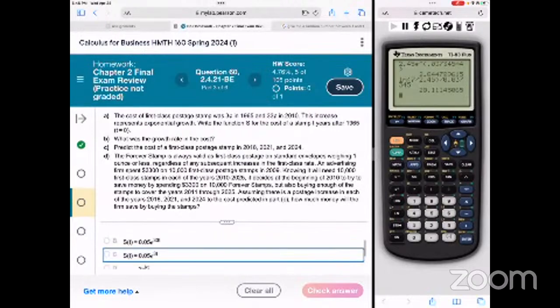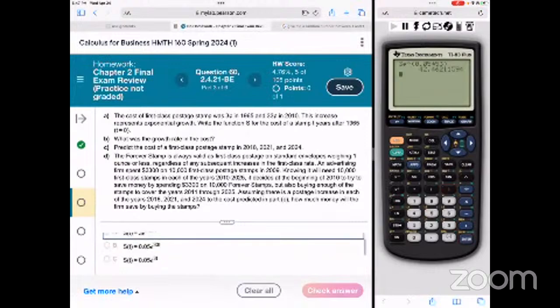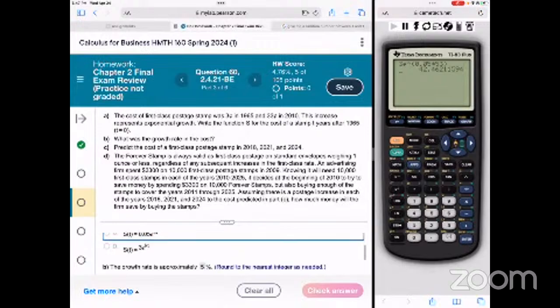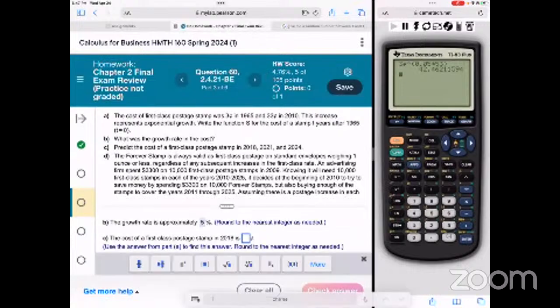We're going to say 3e to the power of 0.05 times 53. This is 53 years later. 42 cents. Nearest integer, 42. Let's try 42 cents.